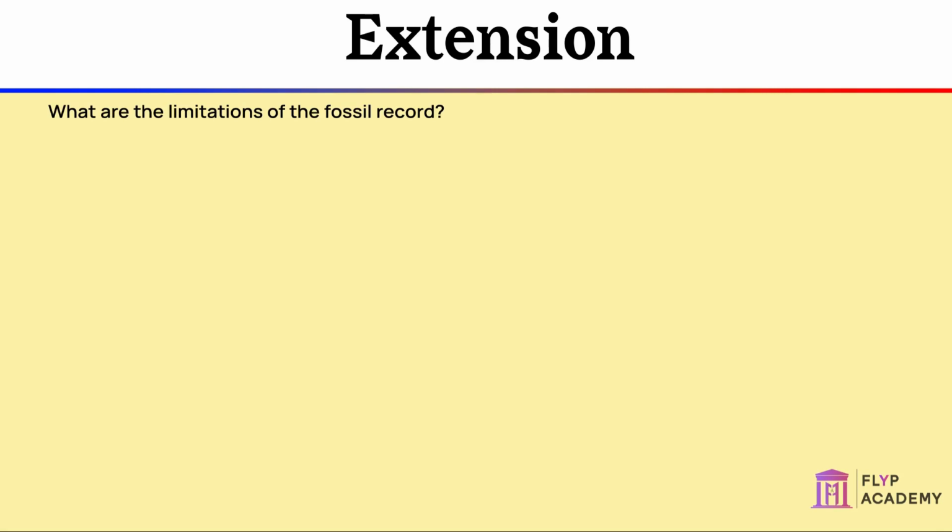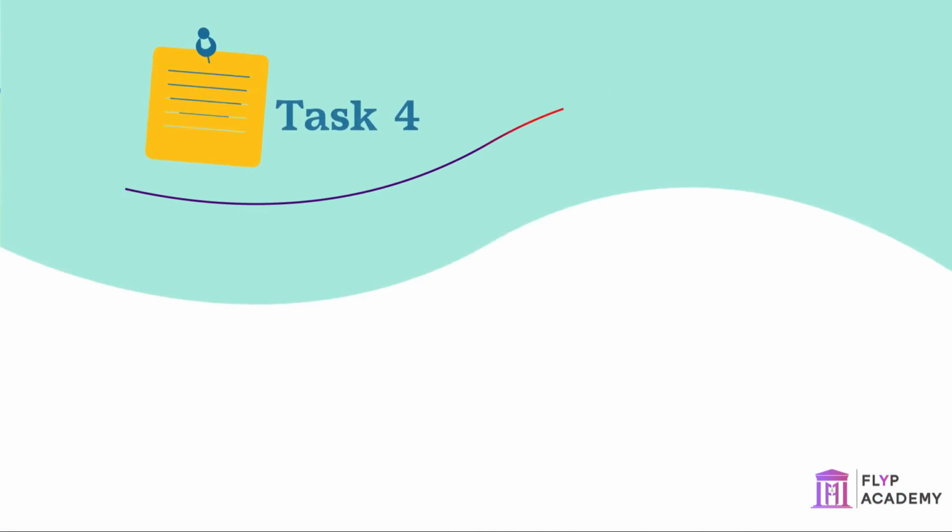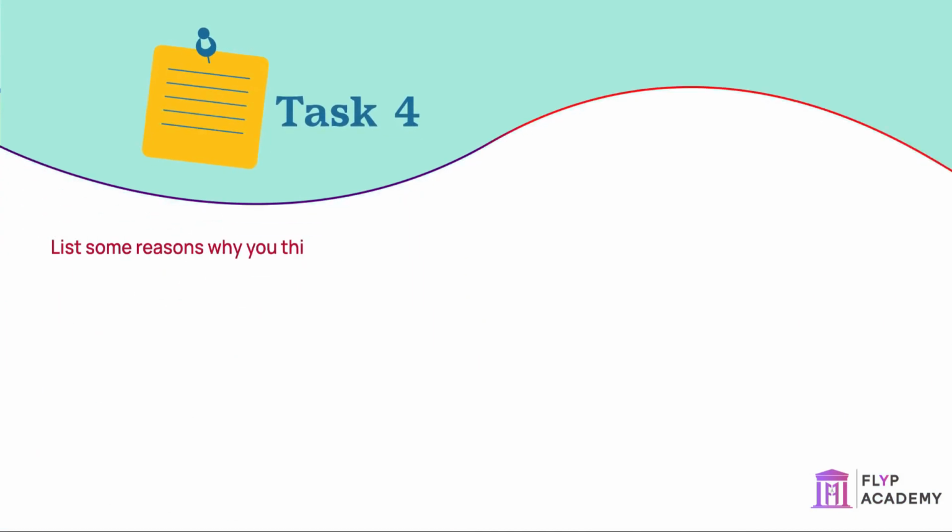Fossils are only found in sedimentary rock, as once the rock changes to a different type, the fossils would be destroyed. The fossil record also shows us organisms that no longer exist. When all of the members of a species have died out, the species is said to be extinct. Task: list some reasons why you think a species may become extinct.